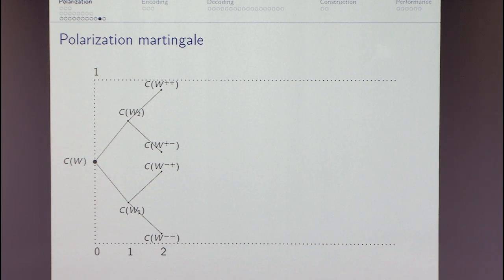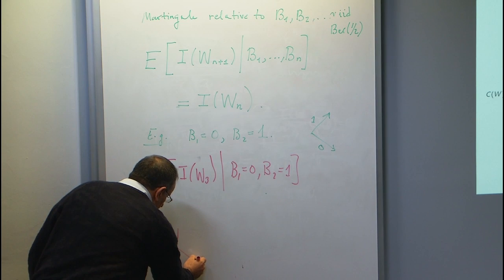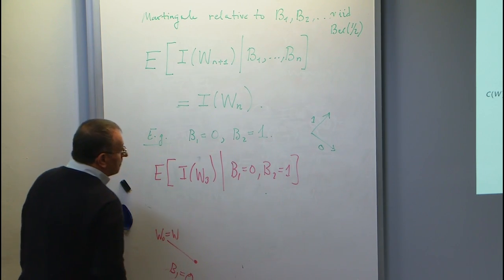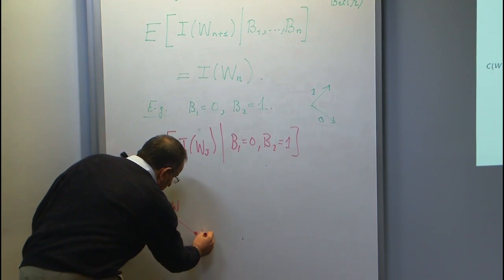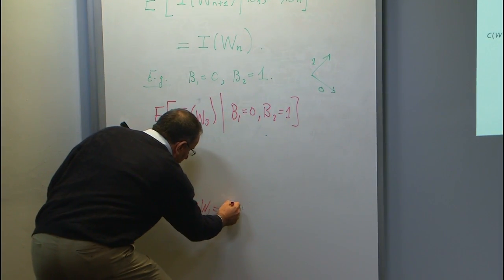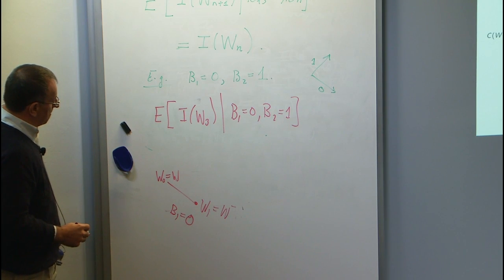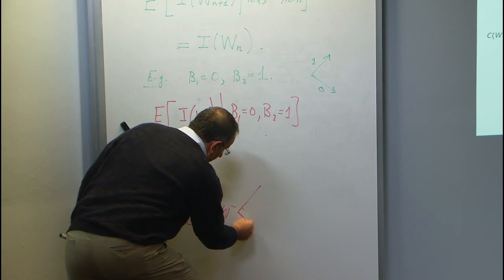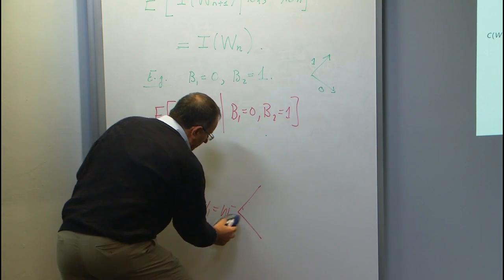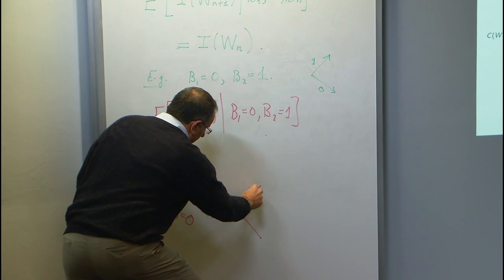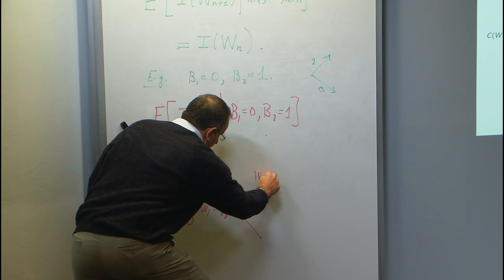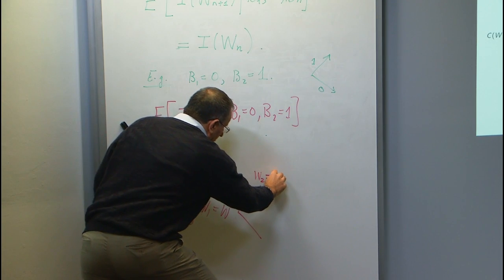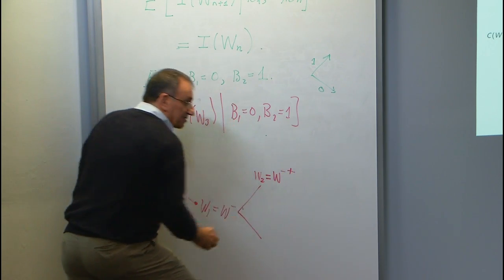W0 was equal to W. So B1 is equal to 0, and W1 is now equal to W minus. And the next step is 1. So which way did I go? I went up, and the channel state here is W2. W2 is equal to W minus plus.